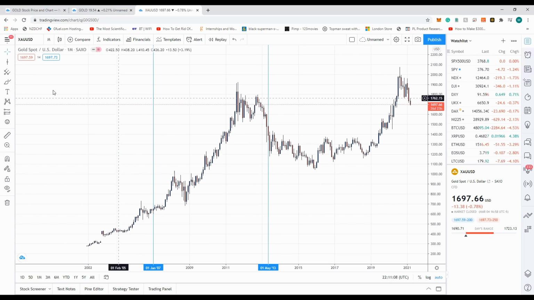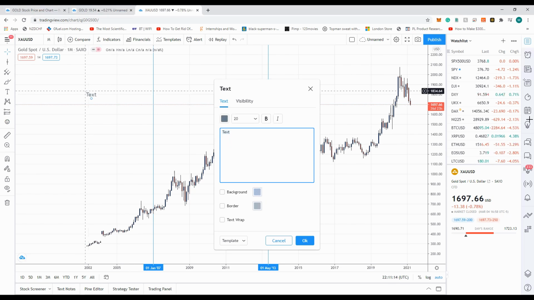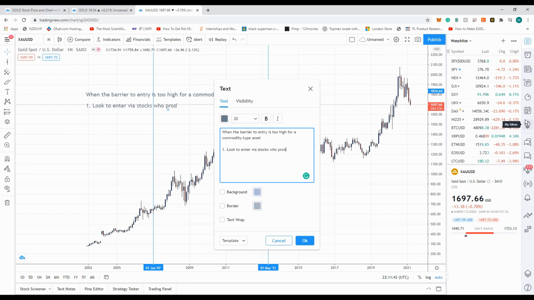I'll just write it out. So when the barrier to entry is too high for a commodity type asset, specifically a commodity type asset, look to enter via stocks who produce, mine, and transport as well, that asset.